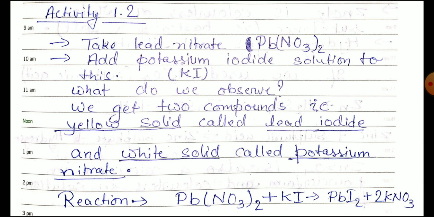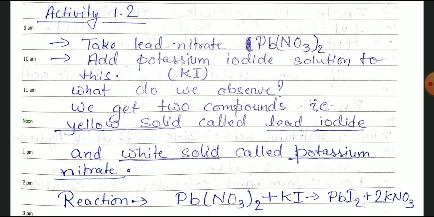Remember these colors and substances, because most of the time they ask about a yellow solid being formed in the exam. The reaction that takes place is Pb(NO3)2 plus KI gives PbI2 plus KNO3. The first one is lead iodide, and the second one is potassium nitrate. So remember these things.